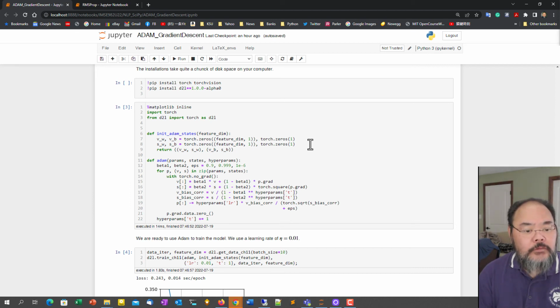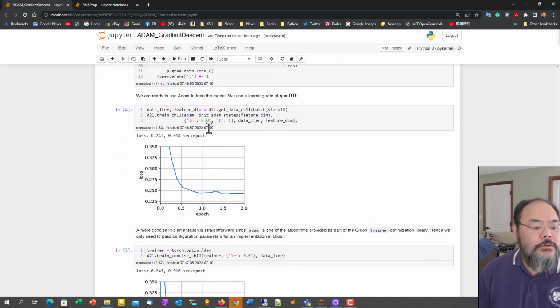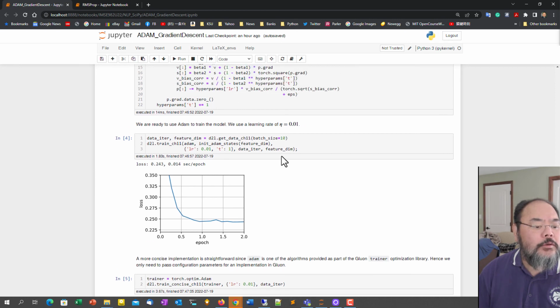I will have a separate class talking about these details. However, this example just shows you we can use the Adam algorithm, the update is fairly easy, and we can also use that to do our minimization and neural network training.